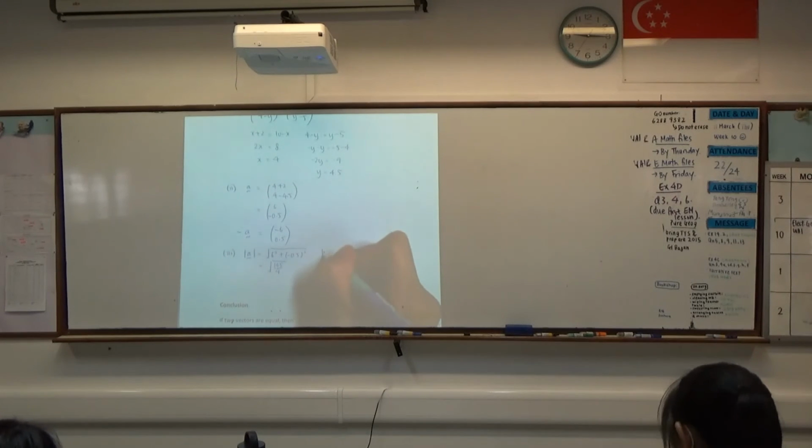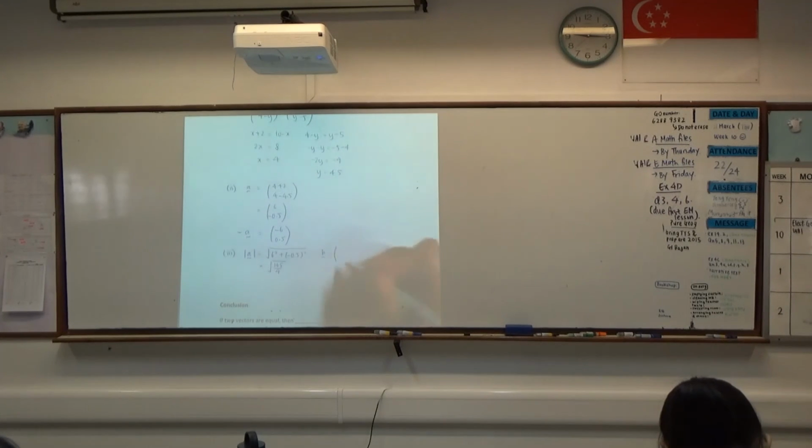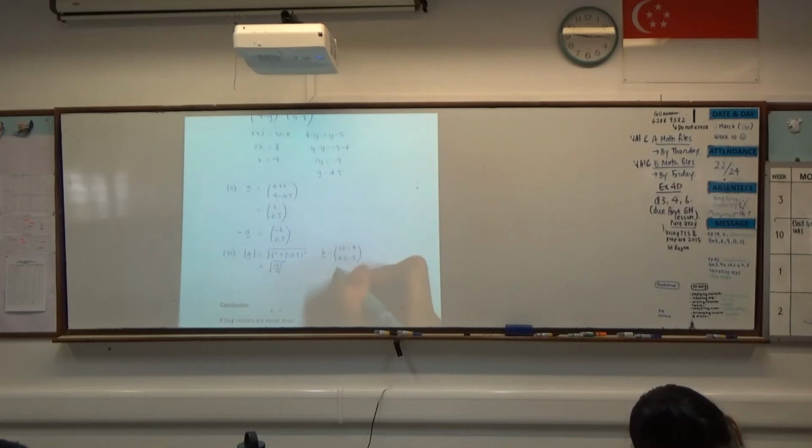For the vector B, using the x and y value that we have found, so that's 10 minus 4 over 4.5 minus 5. And that's 6 and negative 0.5.